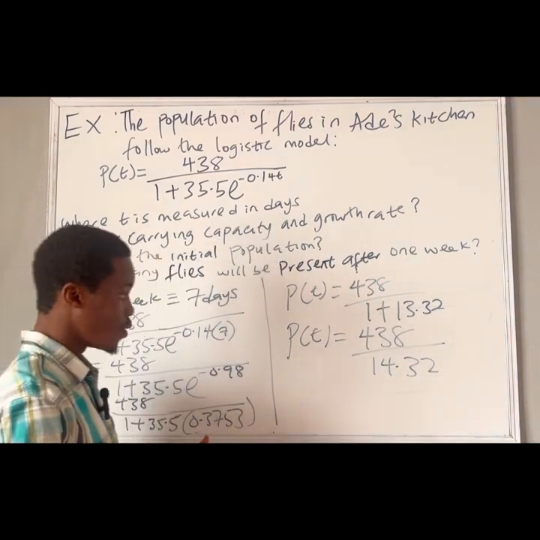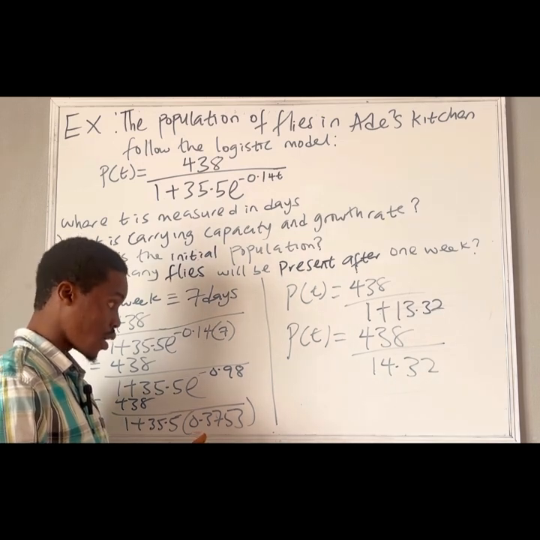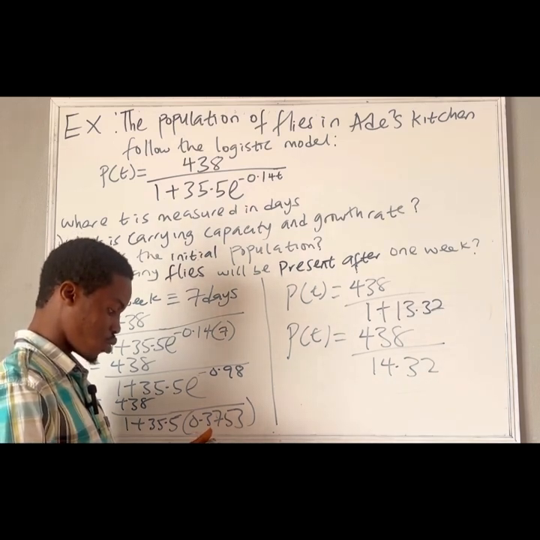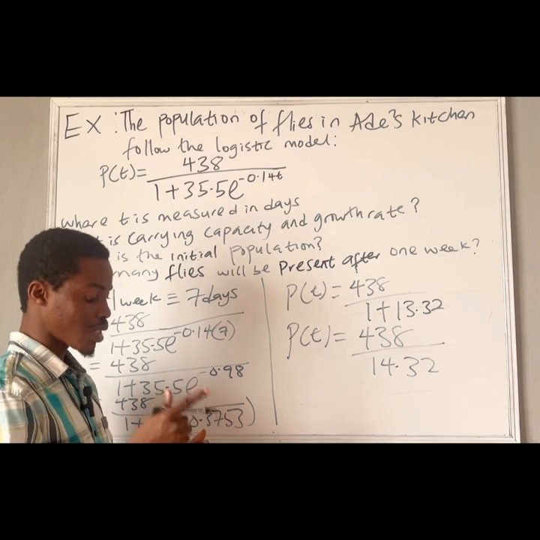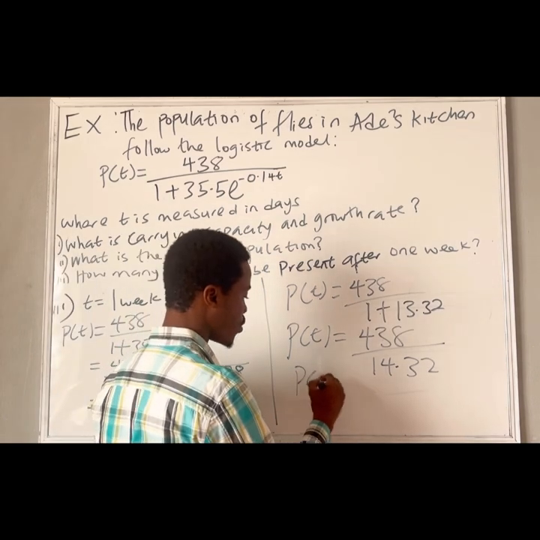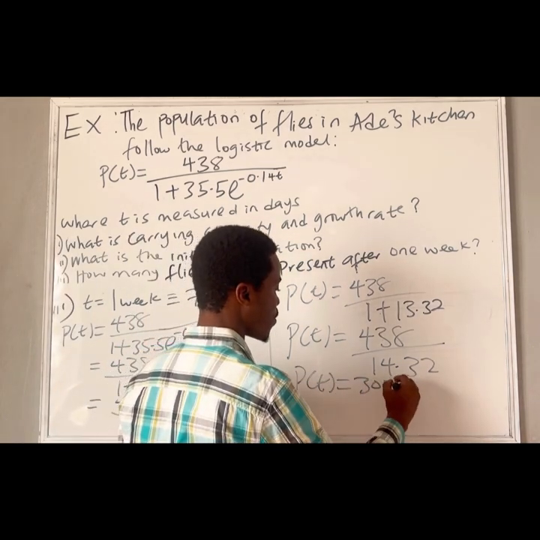If you divide 438 by 14.32, you get 30.58. So our P(t) is equal to 30.58.